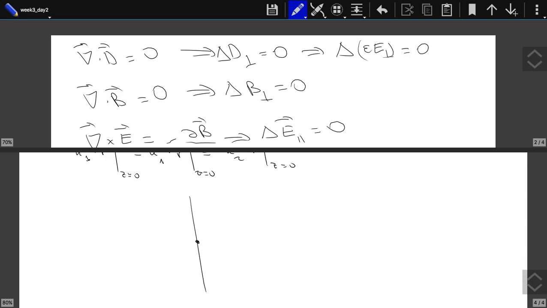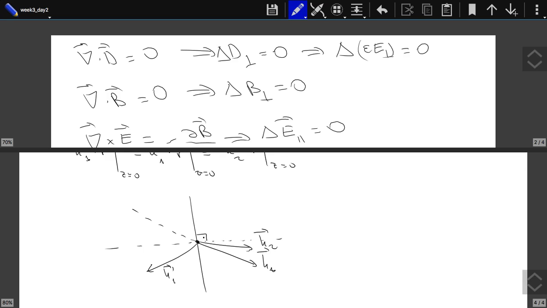Let me plot my vectors over here. This is my k1. This is my k2. And this is my k1 prime. I will define some angles. This is the perpendicular direction.